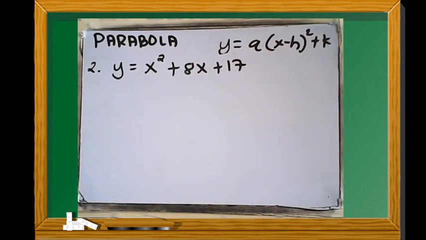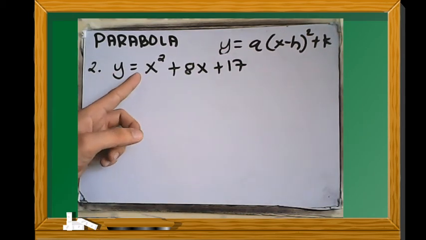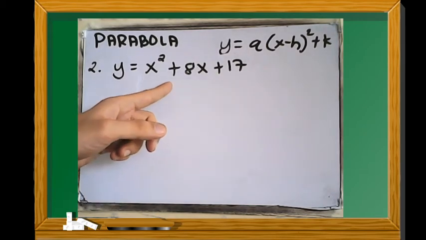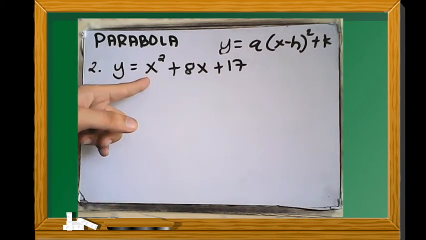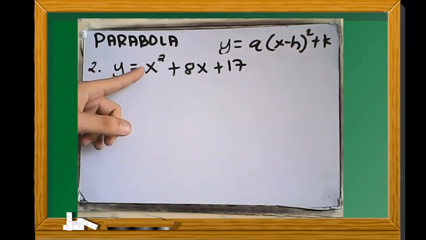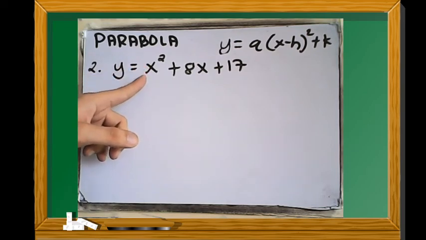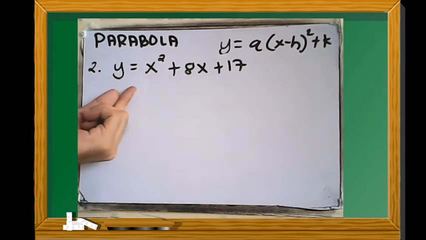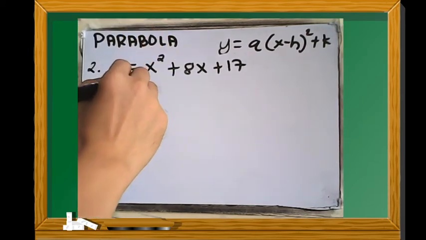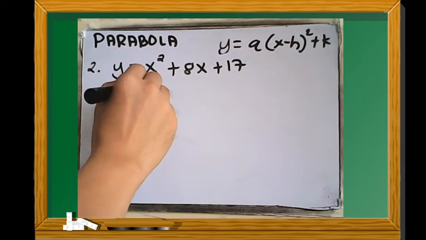How? So first, we have to divide all terms by the coefficient of the first term, or the term with second degree. But since the coefficient of the term with second degree is 1, kahit hindi na natin siya i-divide. So ganyan lang siya. Second step, ihiwalay natin yung may variable.